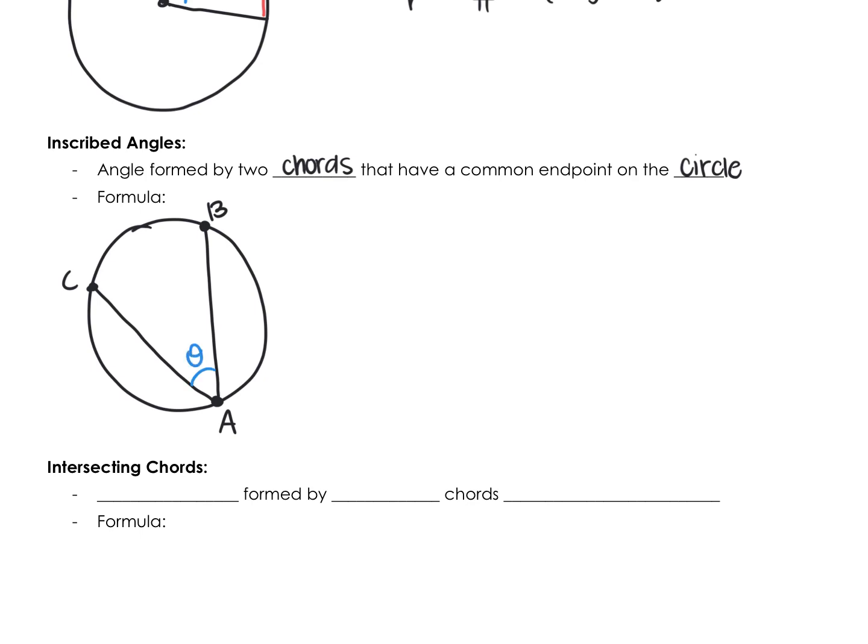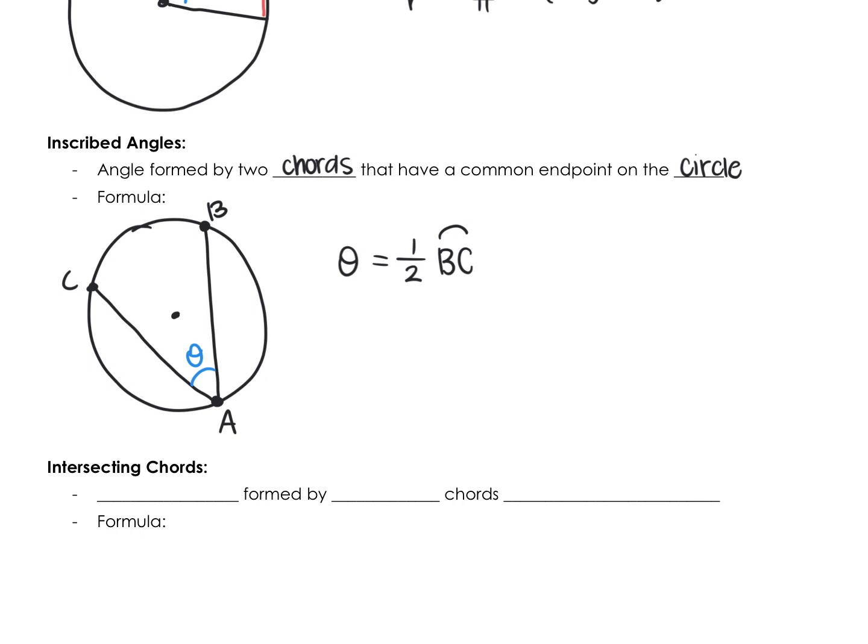It's the one that's on the inside. The way you find the measure of that angle theta is it's half the measure of its arc. In this case, its arc is BC. So whatever the measure of arc BC is, you do half of that, and that gives you the measure of angle A.